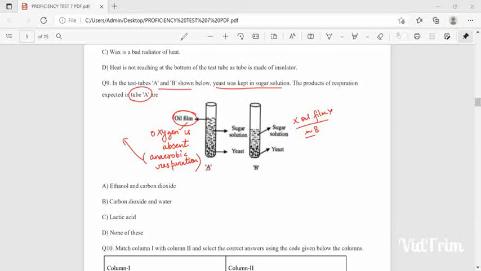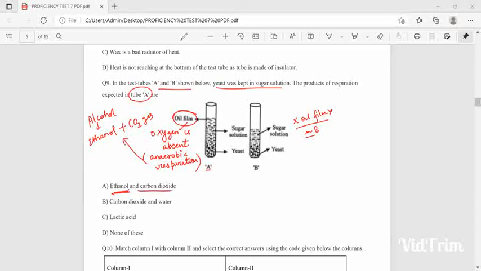So the products formed will be ethanol, which means alcohol, and along with that carbon dioxide gas will be released. So in test tube A, yeast is going to carry out anaerobic respiration, and the products will be ethanol and carbon dioxide. So the correct answer for question number 9 is option A. Ethanol and carbon dioxide will be formed in test tube A.